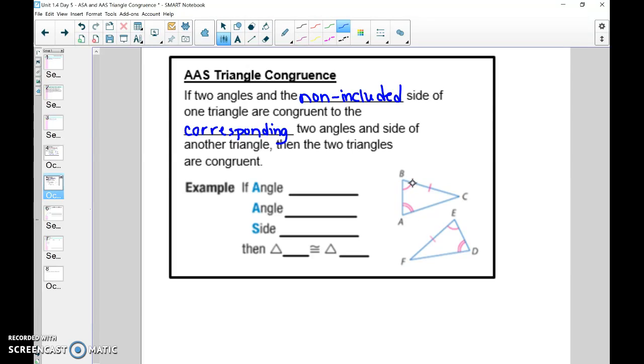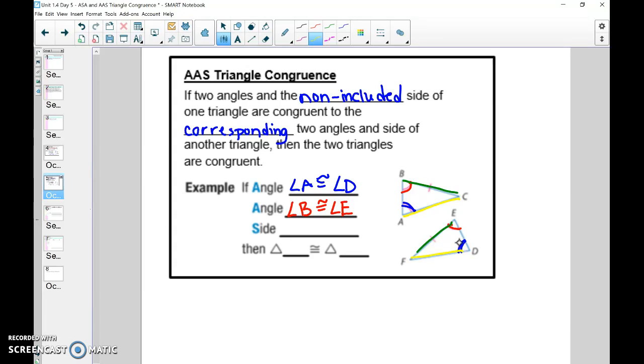So in this case, we've got angle A and angle D. A little sloppy handwriting there. We've also got angle B and angle E. And then the side that they picked is this one and this one. But what I was trying to say before is we could have also picked this side and this side if we had valid information for it.